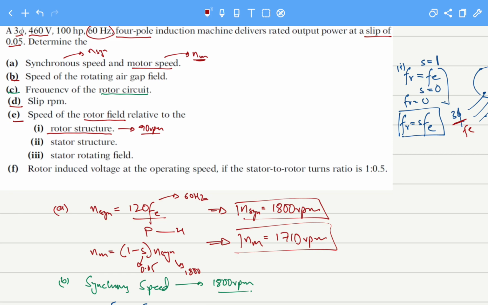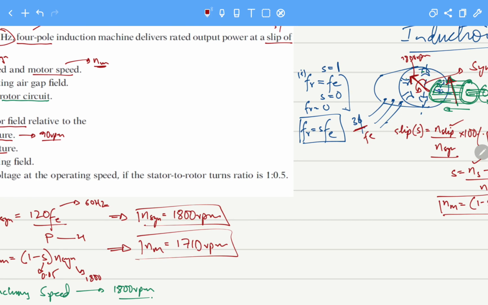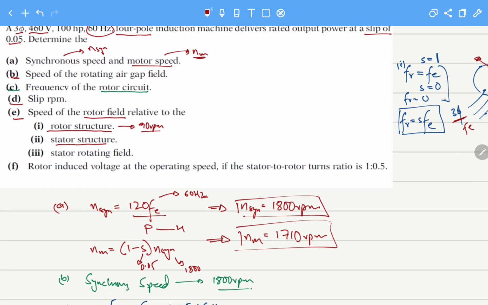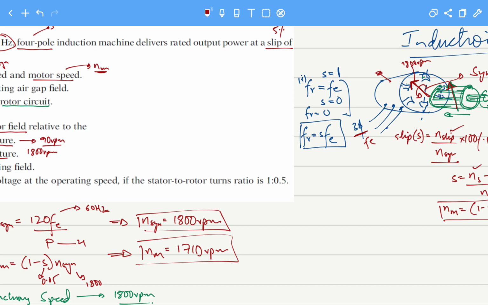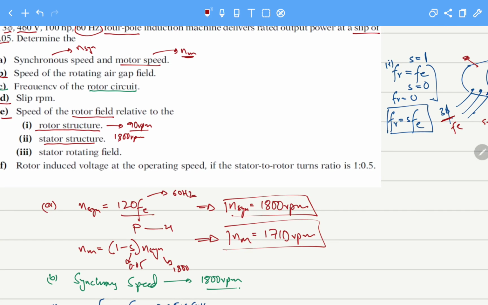Then for the stator structure, that is the stationary body, it will be 0 RPM. And for the stator rotating field, it will be 1800 RPM.